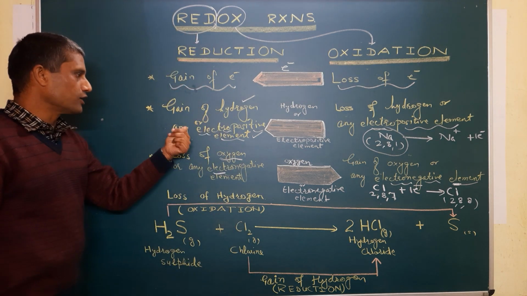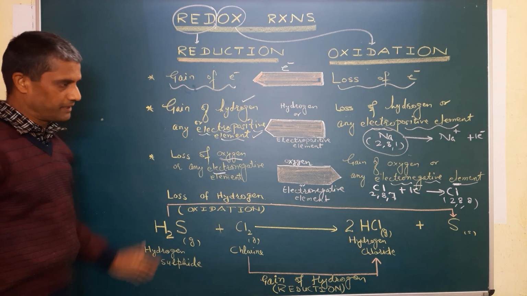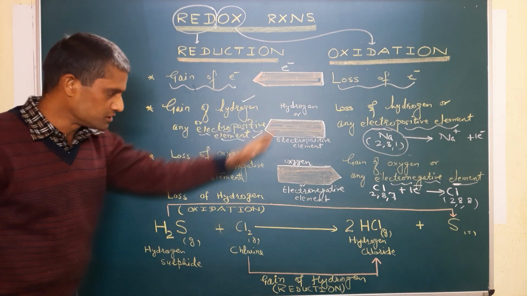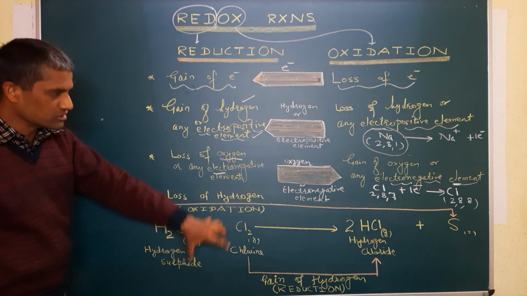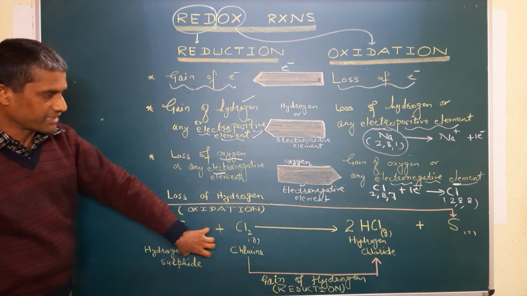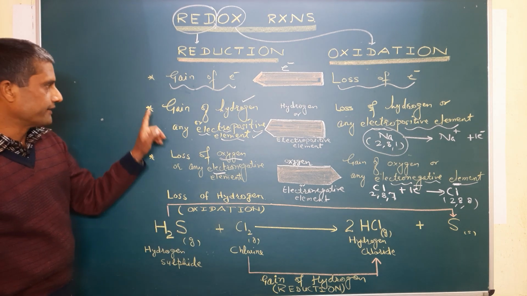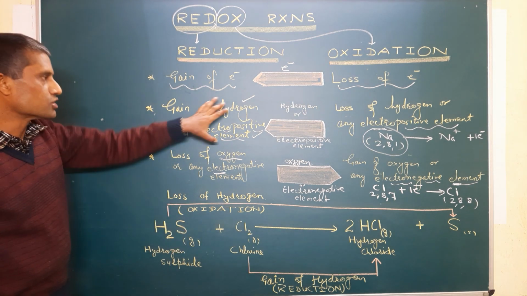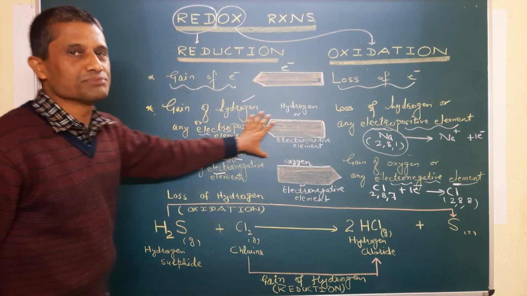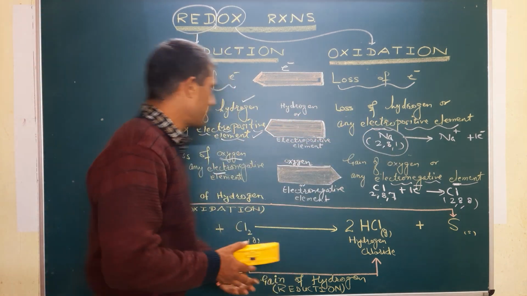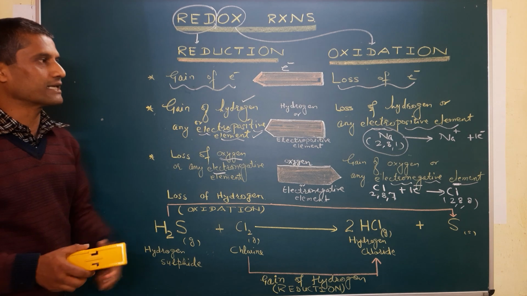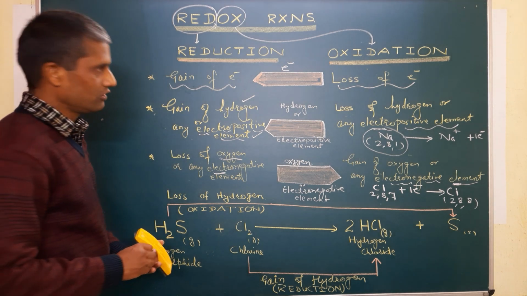Here it is, gain of hydrogen or any electropositive element. I am just wiping it away to focus on the chemical reaction I have already written here. And remember, this chemical reaction is showing the glimpses of the second definition of oxidation and reduction, which involves the gain of hydrogen or loss of hydrogen.